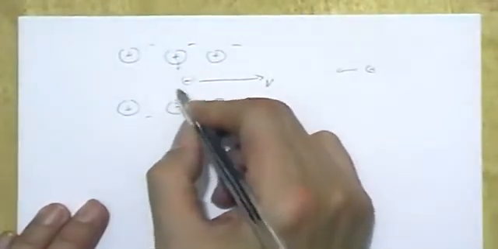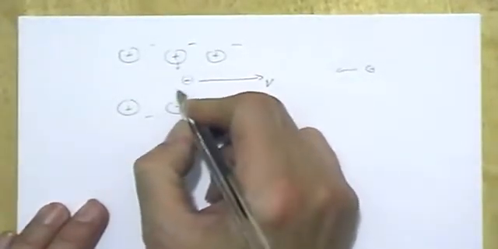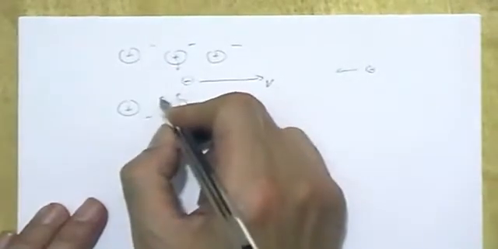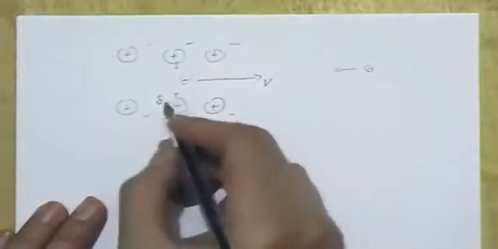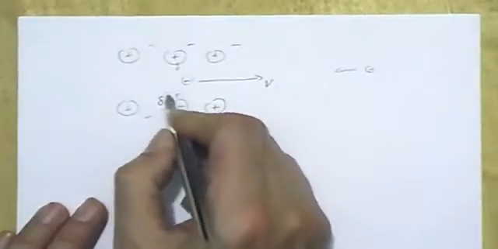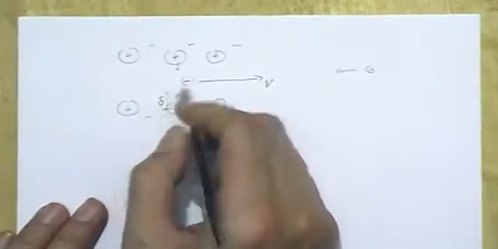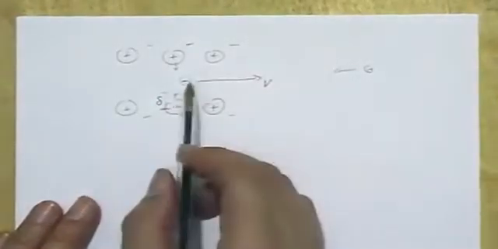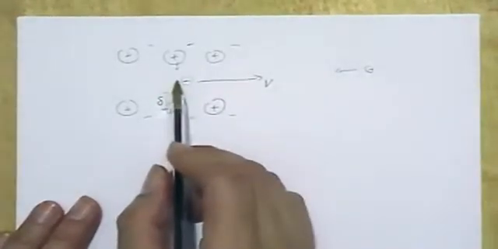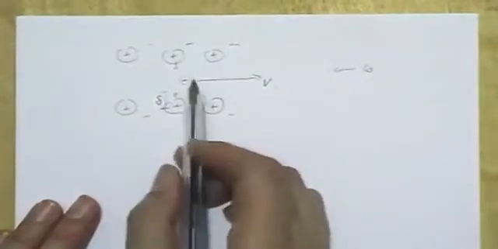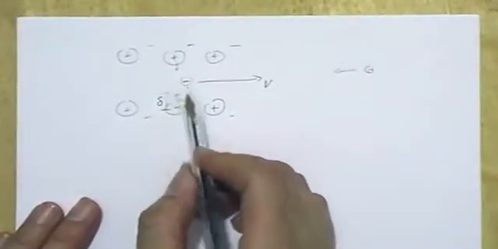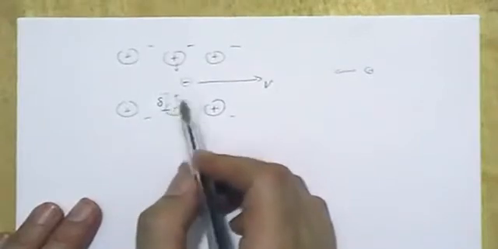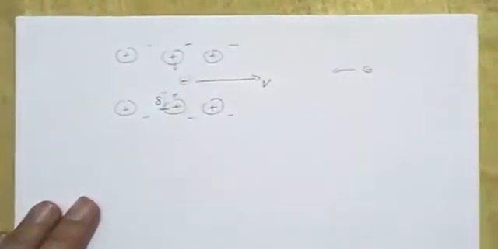Suppose that this ion moves up, gets displaced by a distance delta. Okay, so that would be, say, the distance from here to there, a small distance. And an electron which is around here will experience a change, a positive potential.